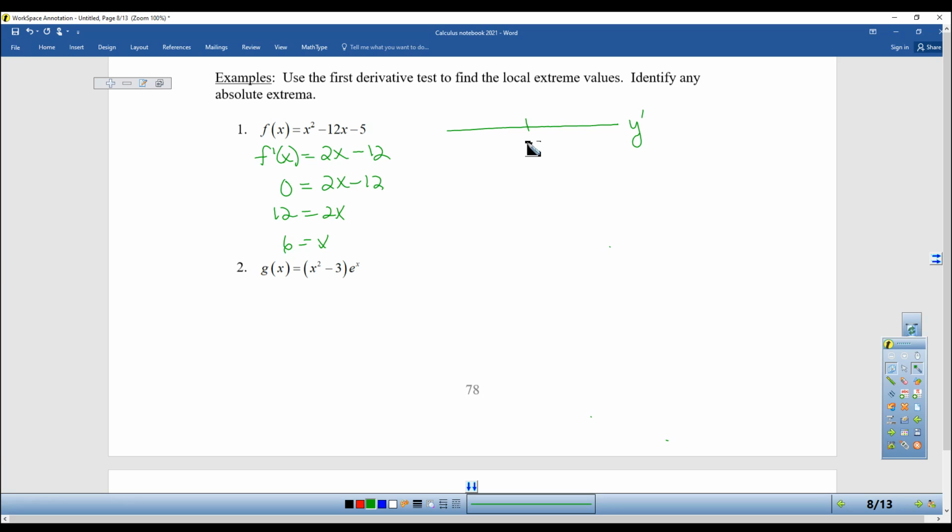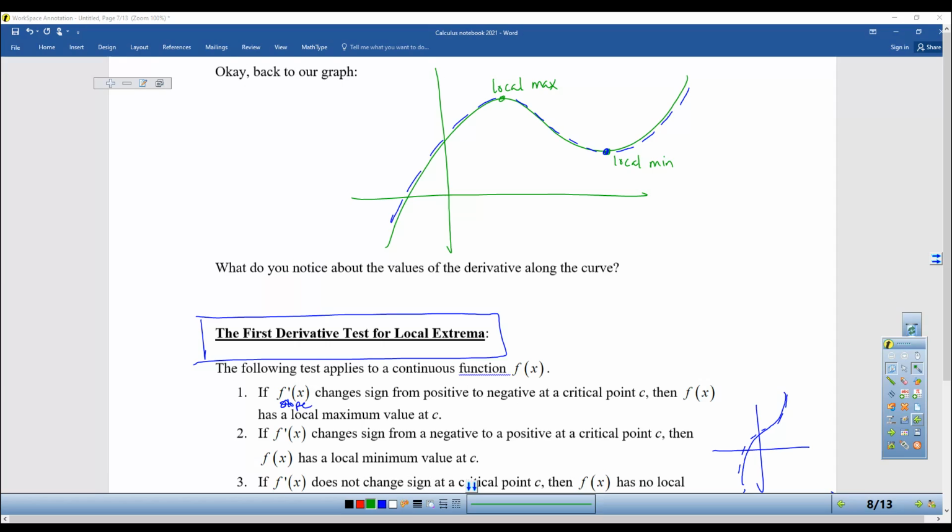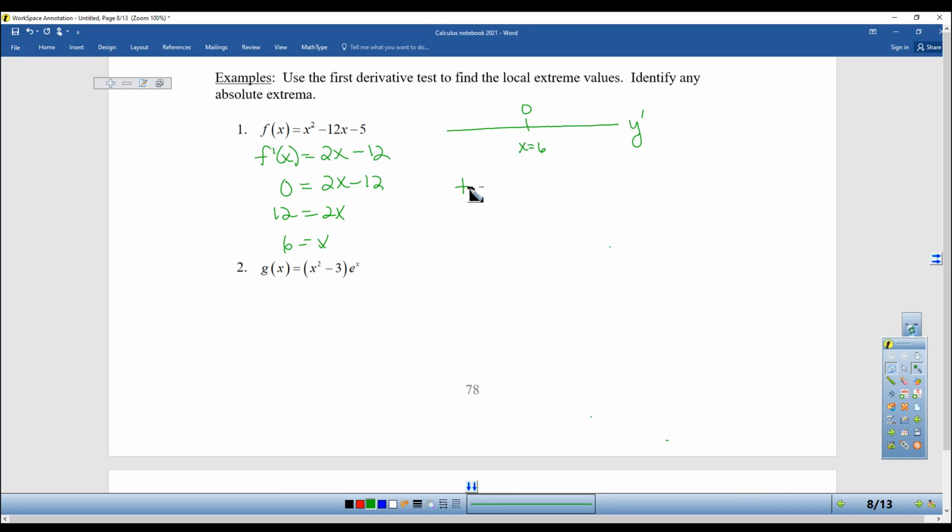So at x is equal to 6, I know that the derivative is 0. If it's not 0, it has to either be positive or negative. So I can find out if 6 is a max or a min by finding out if before 6 the slopes were positive and then they became negative, or 6 is a local minimum if the slopes were negative and then became positive. So you're just going to test a point in the derivative.